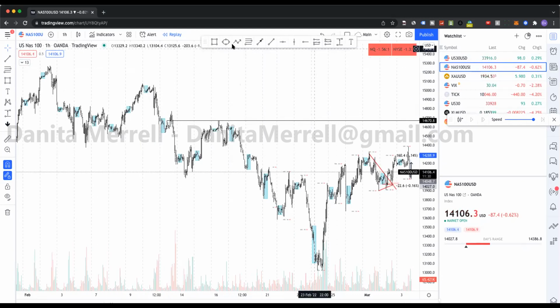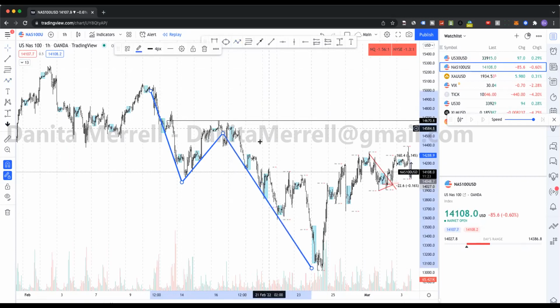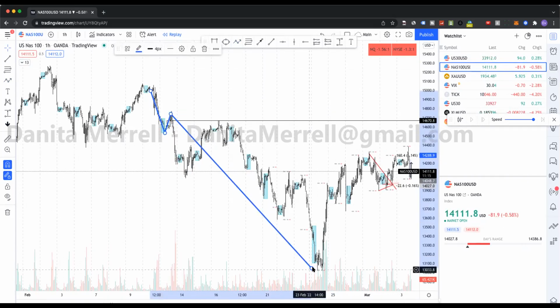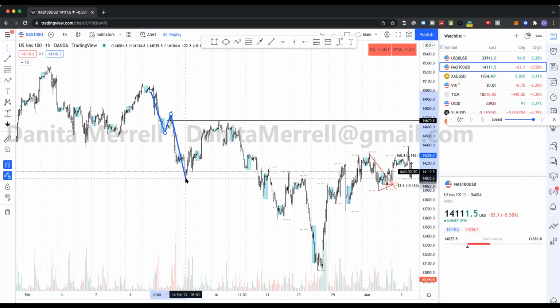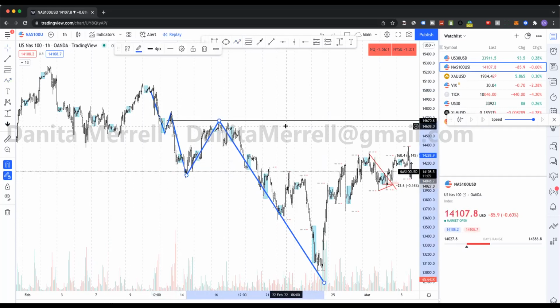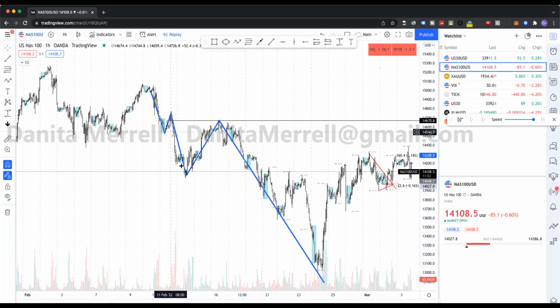So if you imagine this like a wave, it's coming down, up, down. Okay, and then we have that retest. So we're literally catching the wave. Okay, so you can take these as continuation setups.